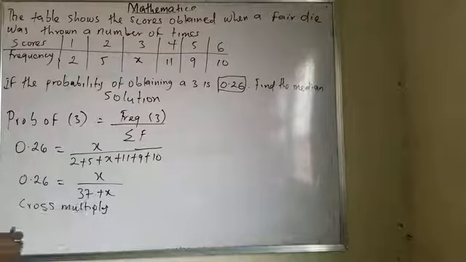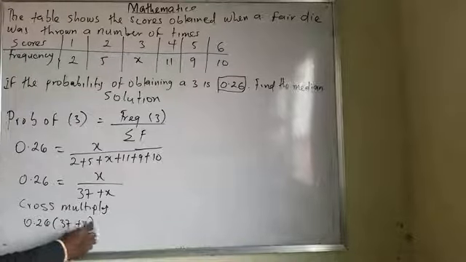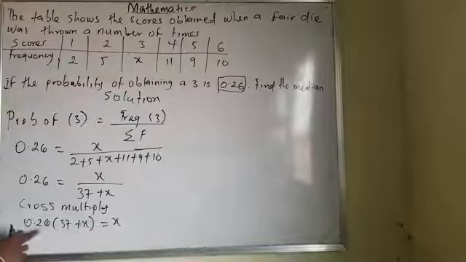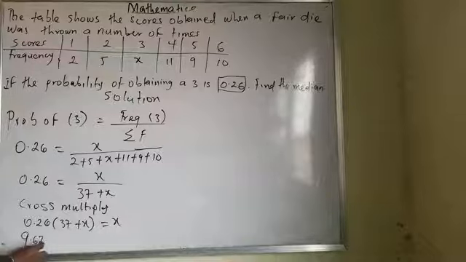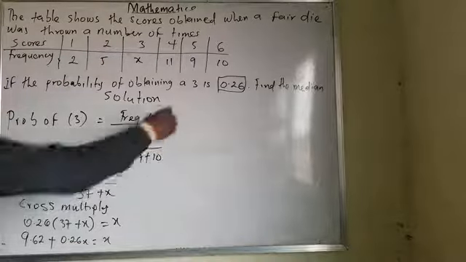Now, by so doing that, I'll be having 0.26 bracket of 3 plus x equals to x, which is 9.62 plus 0.26x equals to x. I can now collect like terms.